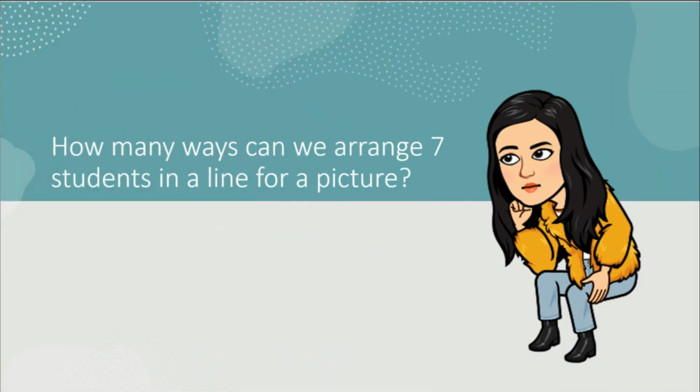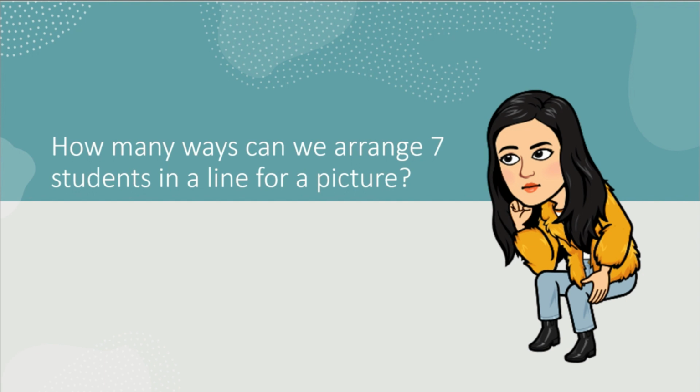But what if instead of 3 students, we have 7? How many ways can we arrange 7 students in a line for a picture? Are we going to do the same?